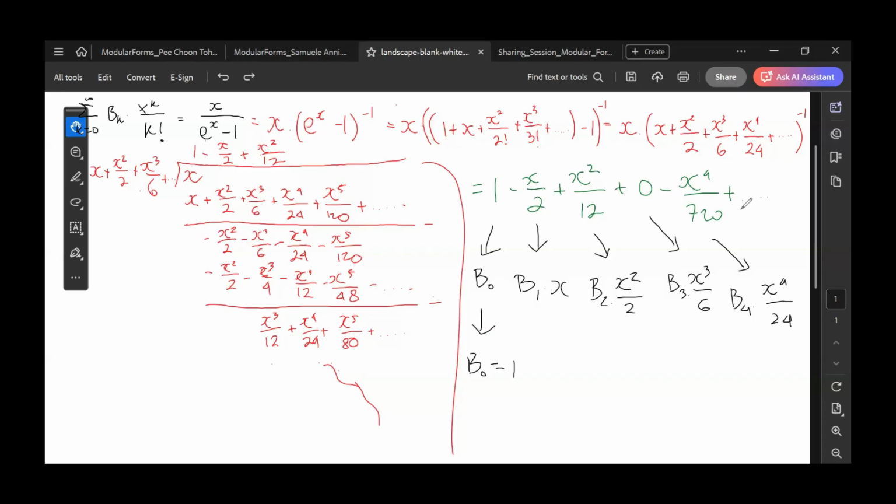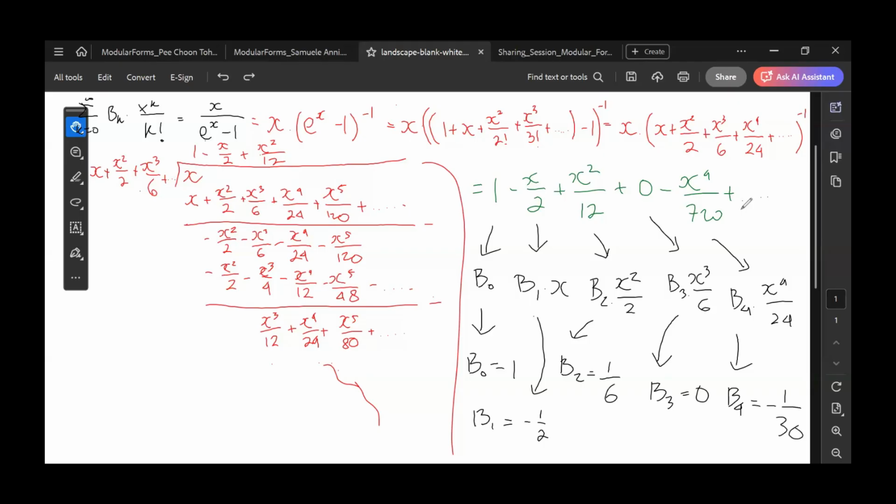If you calculate it individually, b0 is 1, b1 is minus a half, b2 is minus 6, b3 is 0, and b4 is minus 1.